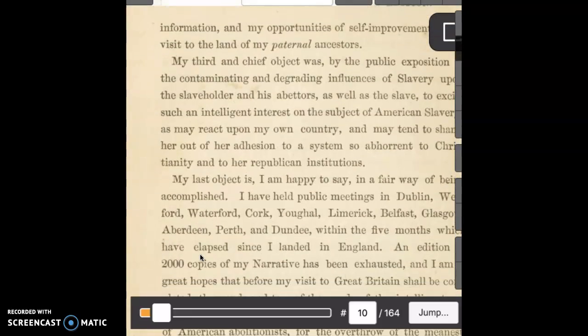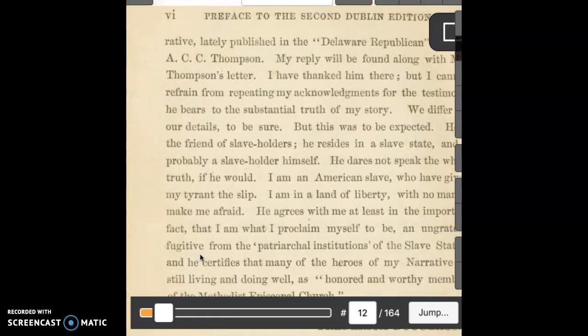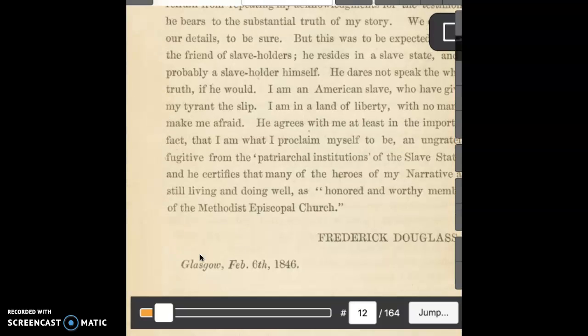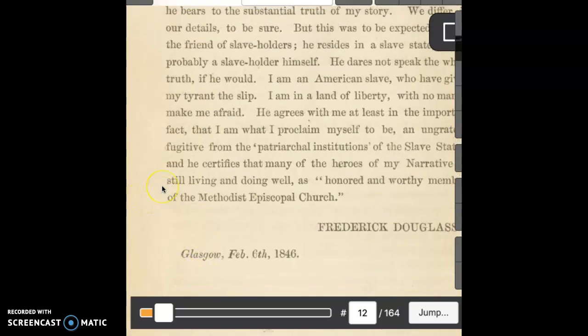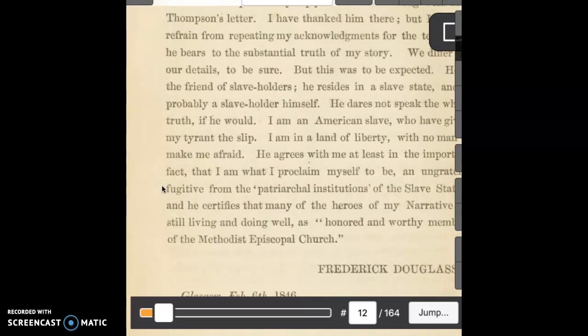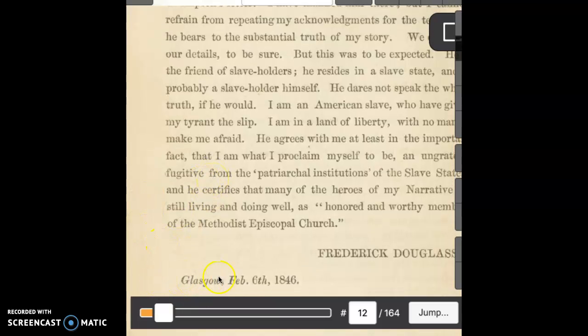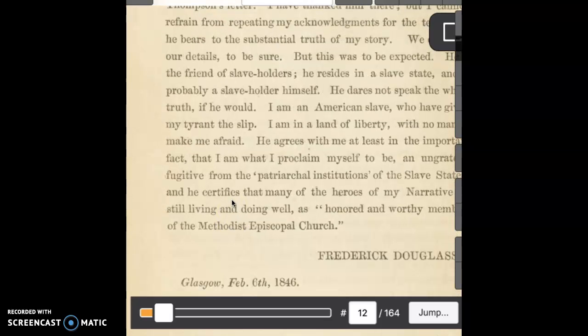He writes a special preface for this edition in Ireland, which you don't have to read. But I find it interesting that he's an international figure. Slavery in Britain had been outlawed, and Britain had colonized Ireland, and Glasgow is in Scotland. So there's a lot of geographical stuff happening here.